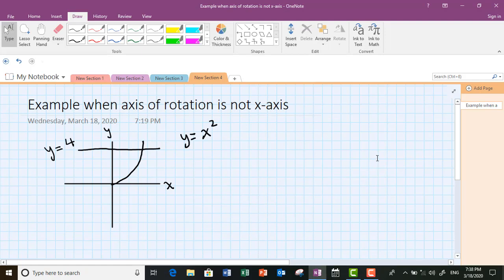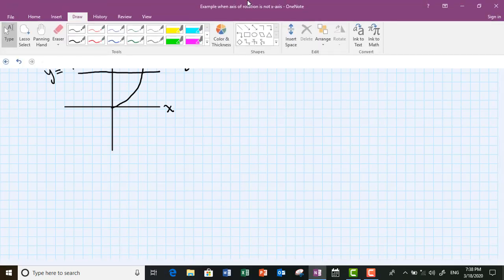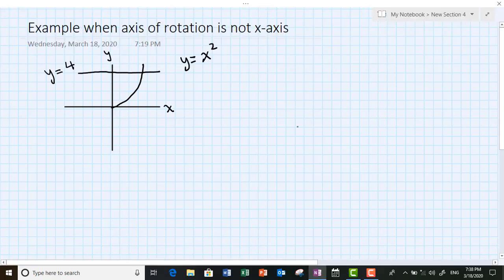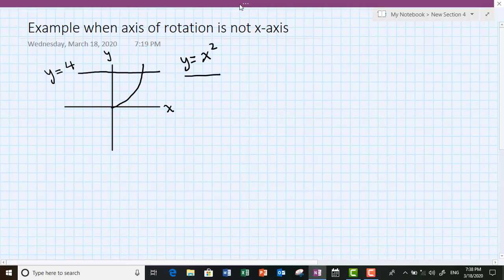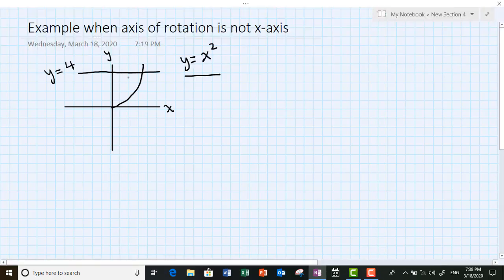Now, let's do an example where the axis of rotation is not the x-axis. So, for example, in this example, the region is bounded by y equals x squared, and then y equals 4 and the y-axis. So we're talking about this region right here.